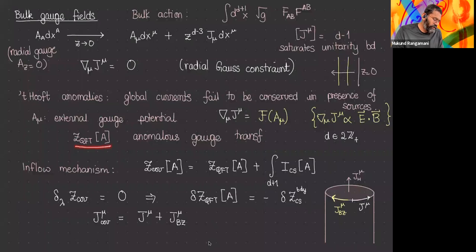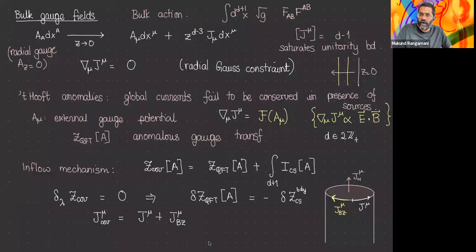Alternately, if we are trying to compute this generating function for the current correlators as a functional of the boundary value of the gauge potential, that would not transform covariantly under gauge transformations. It will have an anomalous gauge transformation. But there's a combination of it and a bulk Chern-Simons term, which transforms covariantly under gauge transformations.